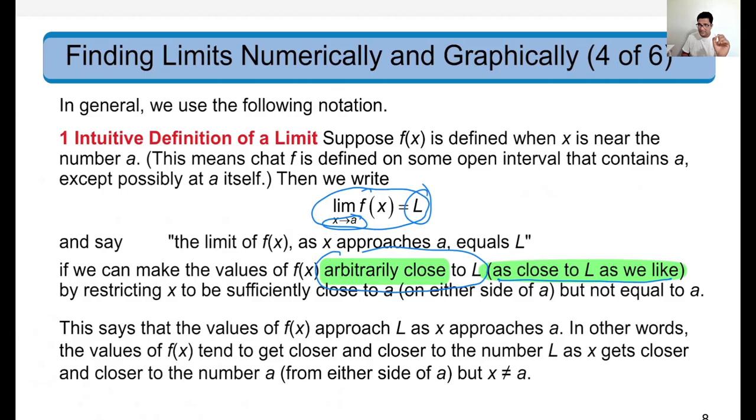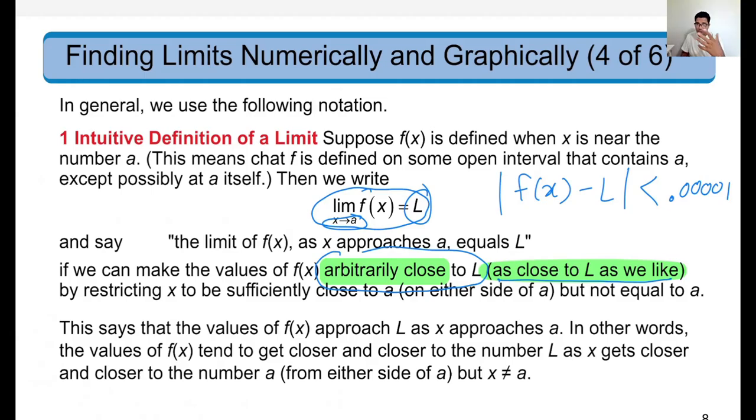So if someone gives you a challenge: make the difference between the value of the function and the limit that you are saying is the limit less than 0.00001, suppose. We should be able to make that.